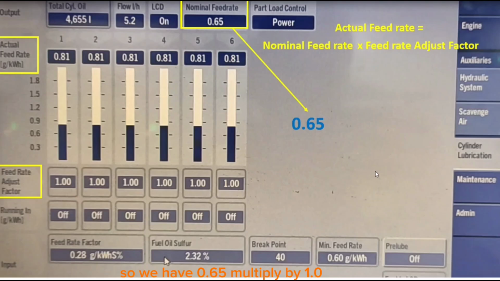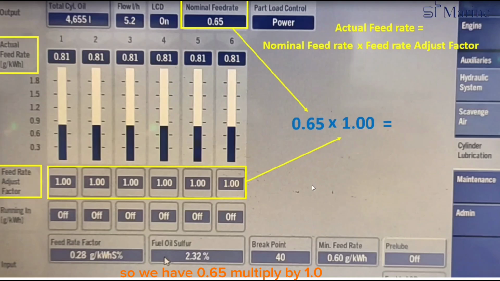So we have 0.65 multiplied by 1.0 equals 0.65. So the actual feed rate following the formula should be 0.65.